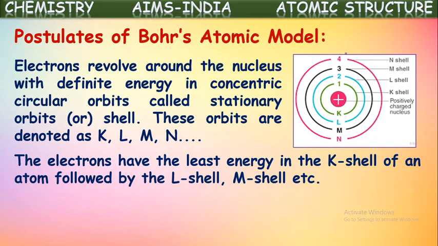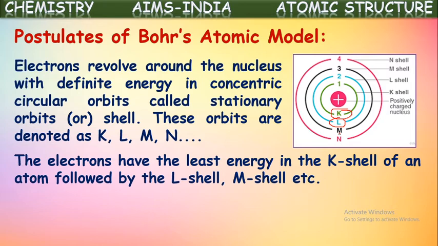The electrons have the least energy in the K shell of an atom, followed by L shell, M shell, and N shell, etc. So the electrons present in the first shell, which is nearest to the nucleus, have the least energy, and then the electrons in the L shell, and then M shell, and then N shell. As electrons are very close to the nucleus, they have less energy.